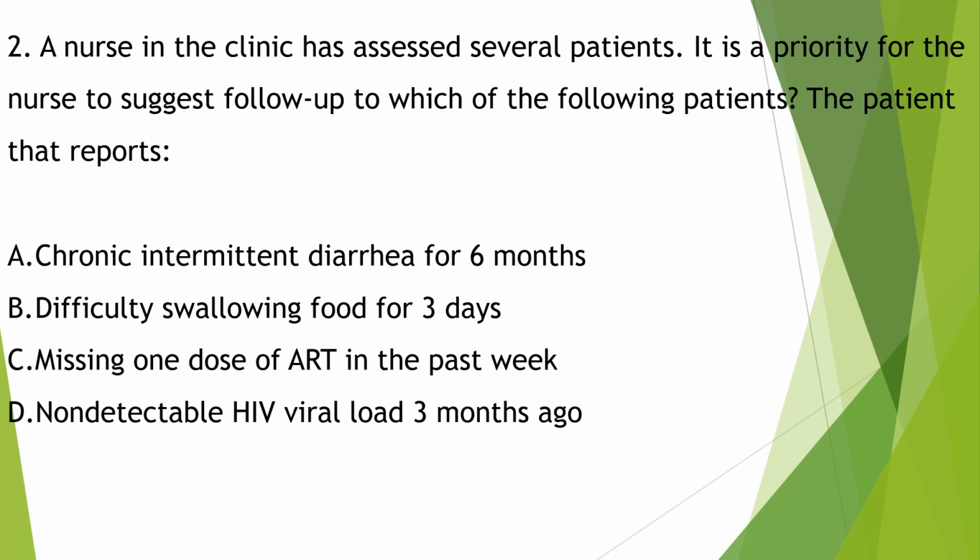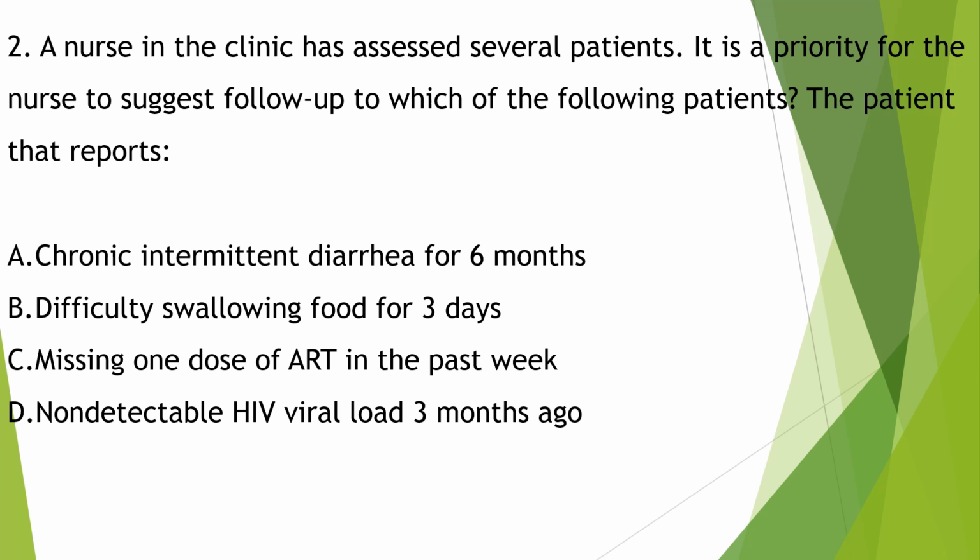So here the patient with difficulty swallowing, that is a symptom of esophageal candidiasis. That is an opportunistic infection related to low CD4 plus cell count in HIV positive patients. So that patient should be seen in priority.